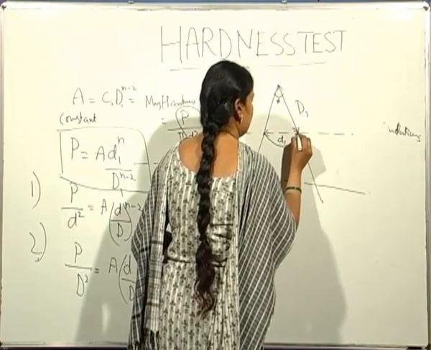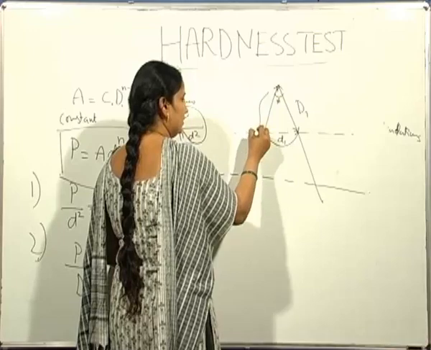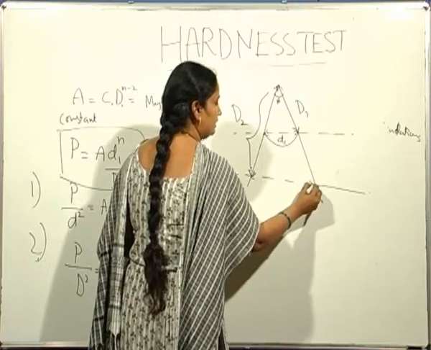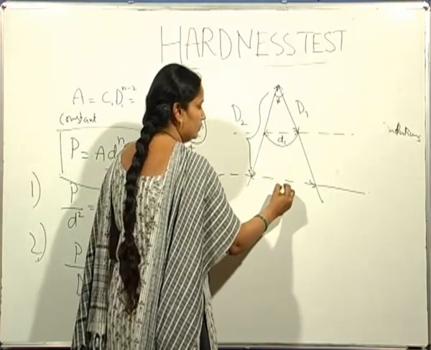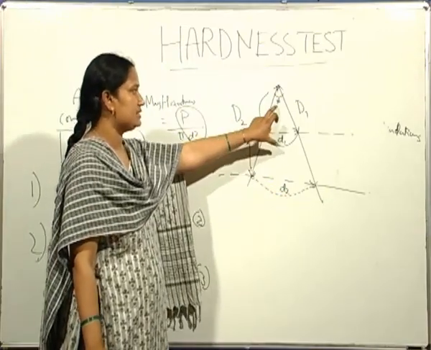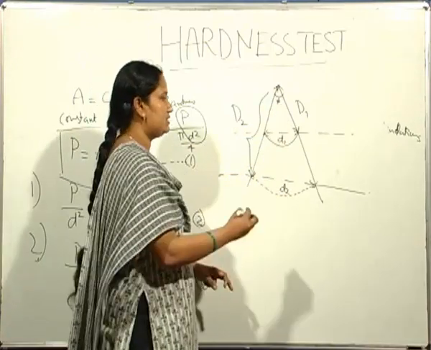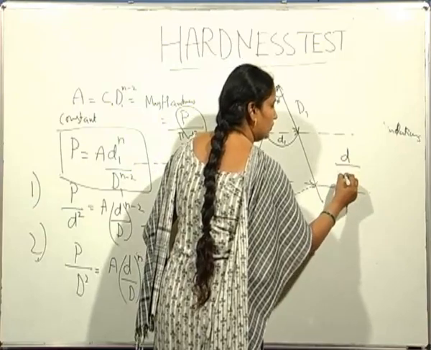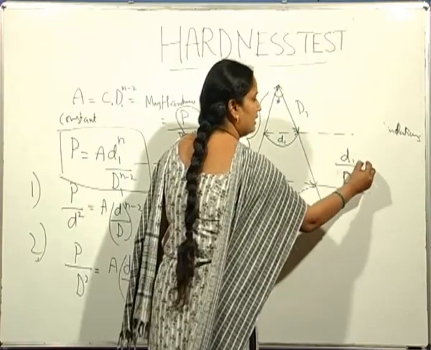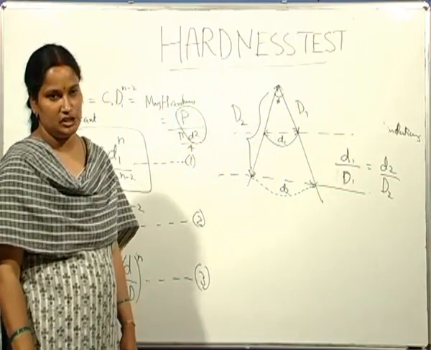So this is the indentation that is produced, and this is the diameter of the second indenter D2, and this is the small d2. By maintaining this angle constant, and the ratio of this indentation to the indenter similar, one can achieve geometrically similar indentations.